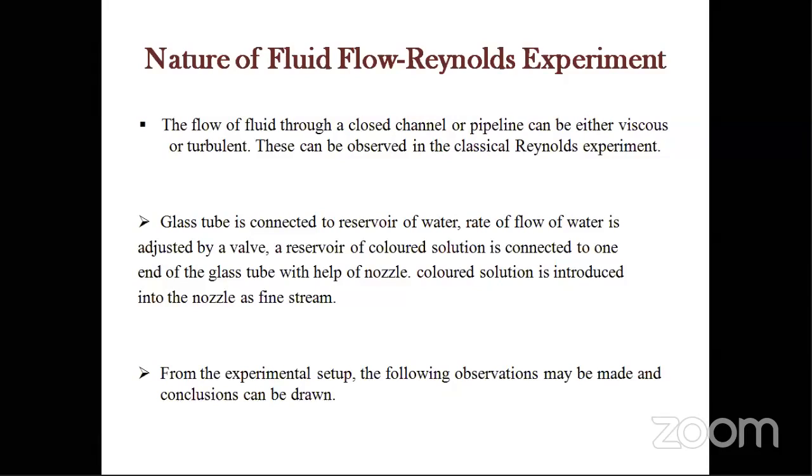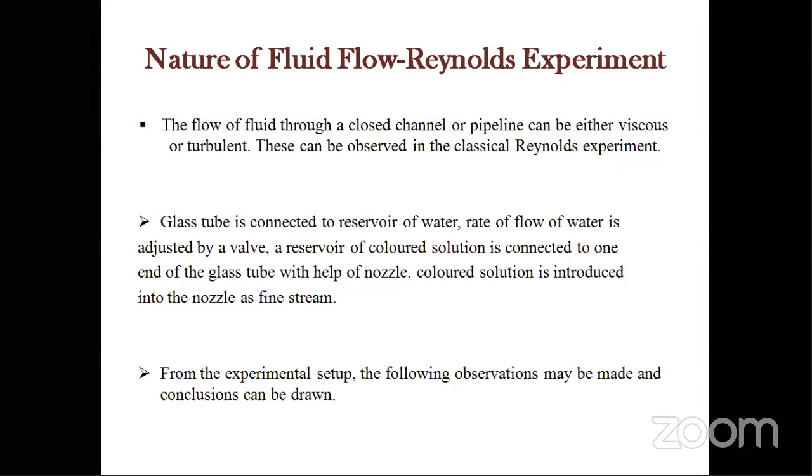Two types of flow are present in industry: the first is laminar flow and the second is turbulent flow. Another is energy loss, or energy used during the flow of fluids. This is described by Bernoulli's theorem.